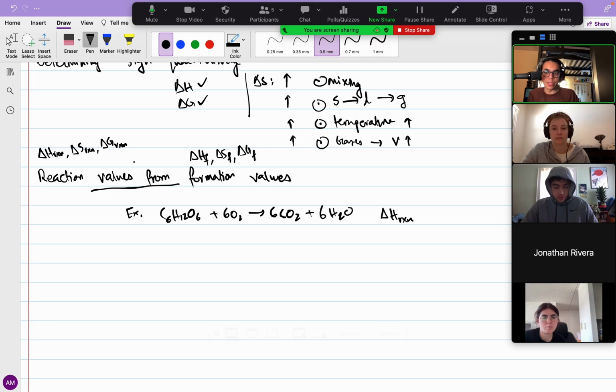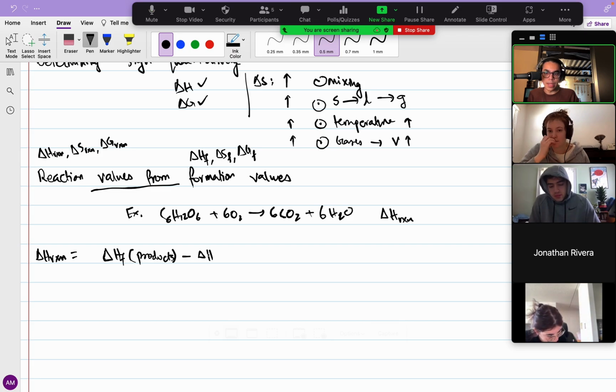And the equation goes as follows. The reaction enthalpy change is products minus reactants. So formation values of the products minus formation enthalpy values of the reactants, multiplied by coefficients.